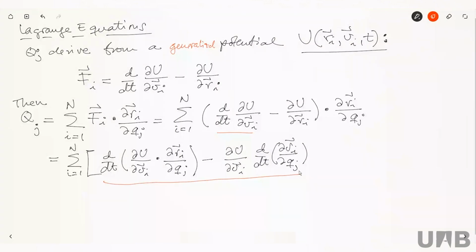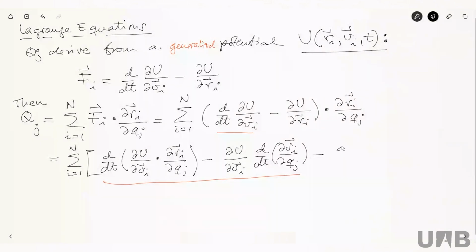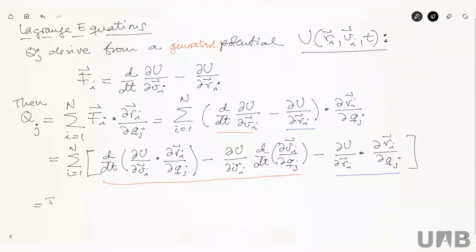Okay? And then I have the last term, and the last term is minus dU/dRi times dRi/dQj. Okay, so this equals this. Now, this equals the sum from i equals 1 up to capital N, and this is the derivative with respect to t of, and what is this term here?